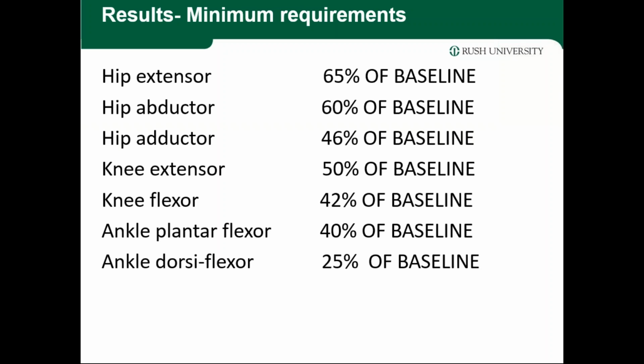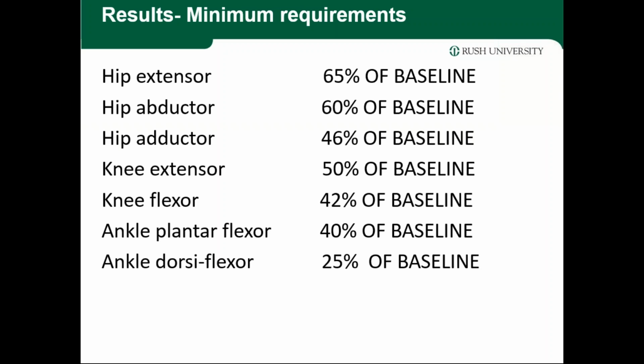Well, we realize that the hip extensor needs at least 65% of the baseline in order to execute gait. Hip abductor, on the other hand, or hip adductor, they need about 46% of the baseline strength in order to execute gait.